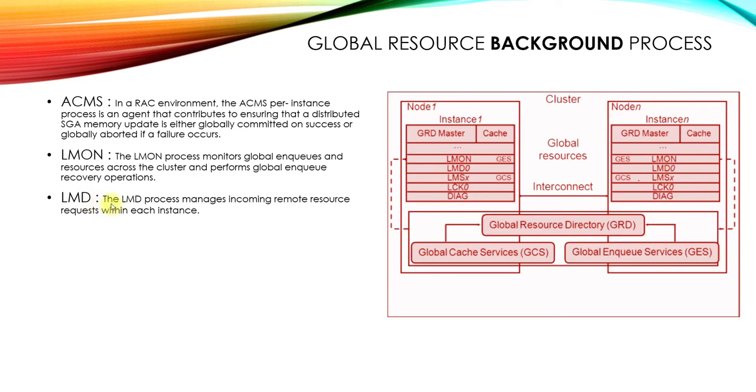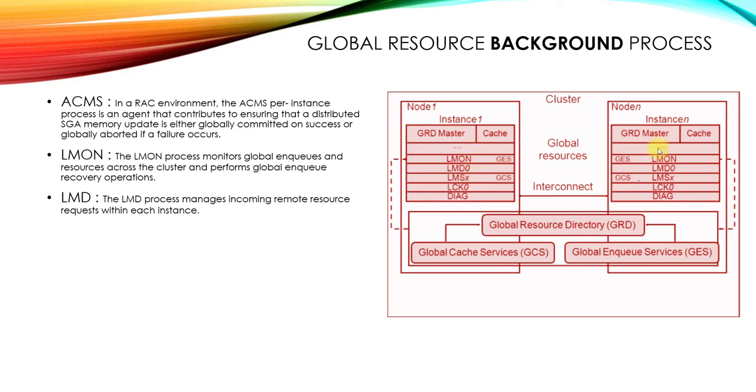What it does is, the LMD process manages incoming remote requests within each instance. What that means is, for the enqueue services, when any other requester requests a specific block or a specific object, LMD is the process that listens. It's like a listener, but not actually a listener; it waits for incoming requests.